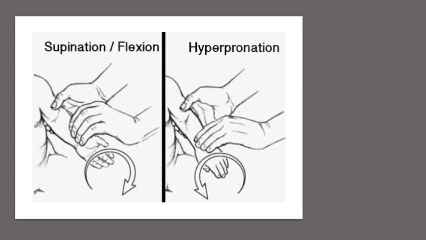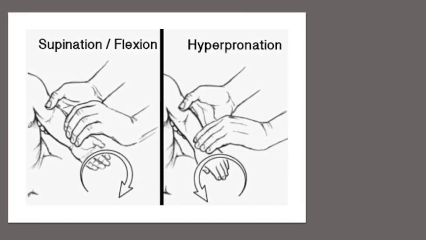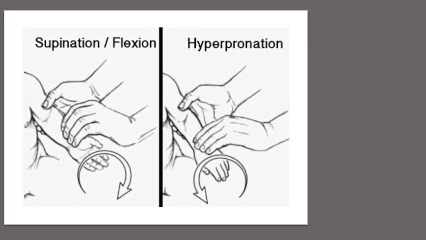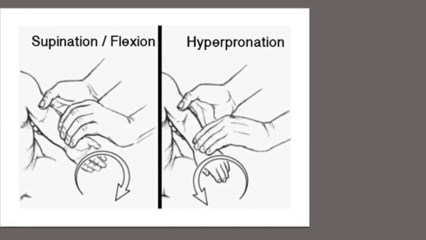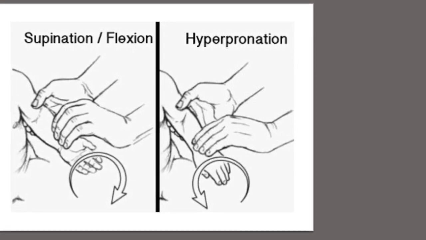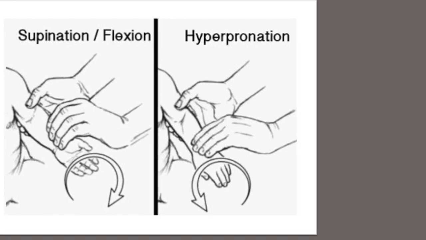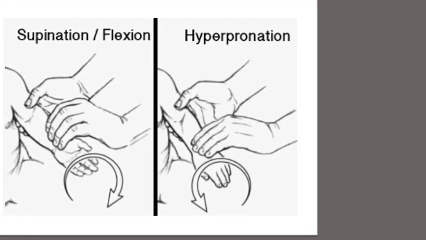There are two techniques commonly used. One is supination and flexion. What you do is you flex the child's elbow and supinate it. The other is you flex and hyperpronate it.